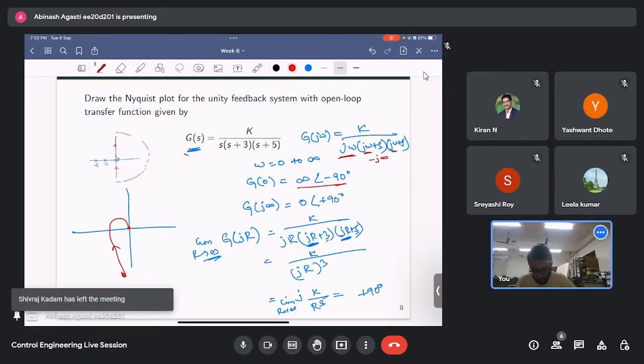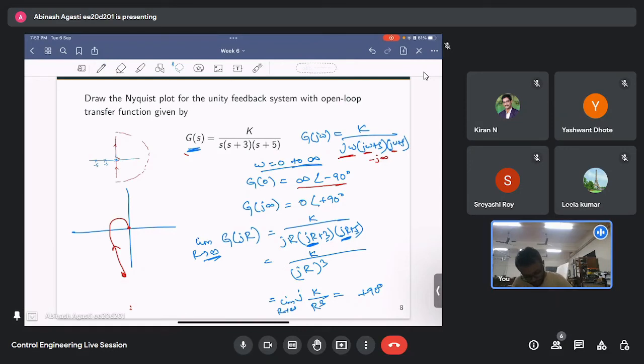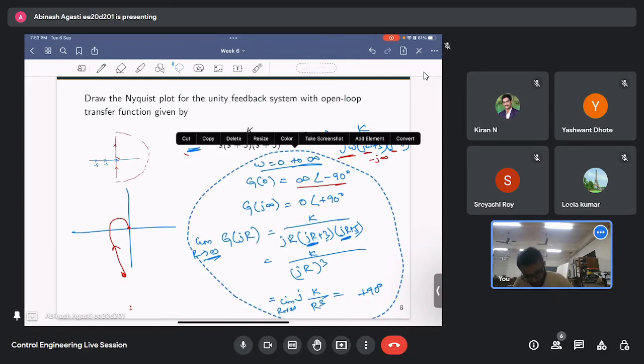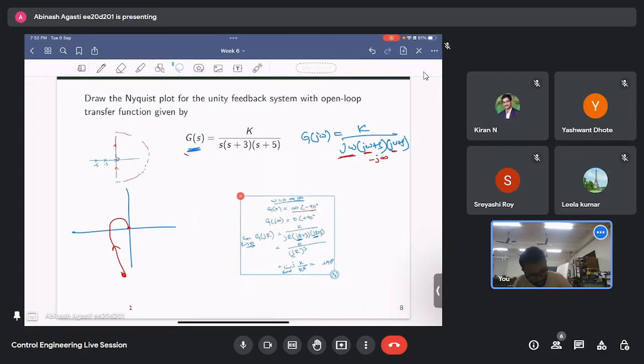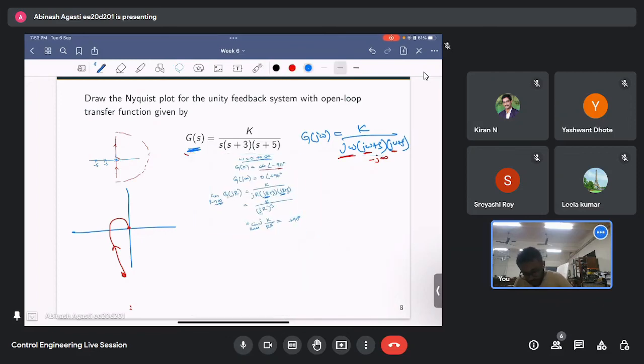So we did the omega equal to 0 to infinity part. Now we will move on to the next portion of the curve. For omega equal to minus infinity to 0, it will be completely identical to 0 to infinity, just that it will be flipped about the real axis.